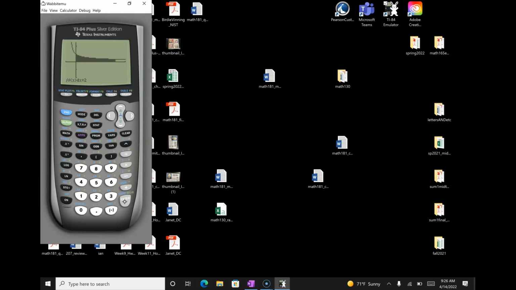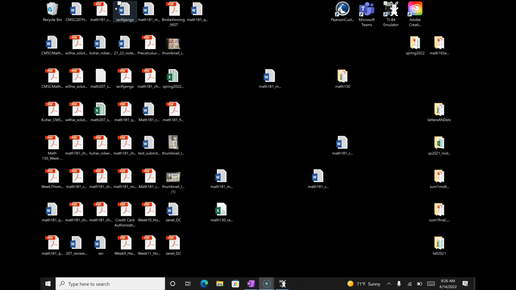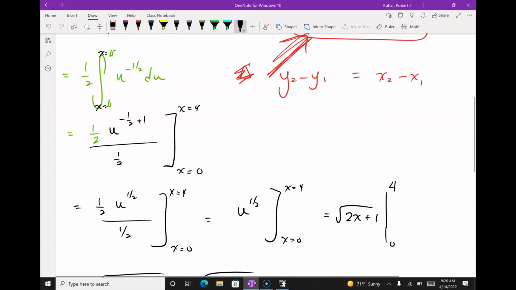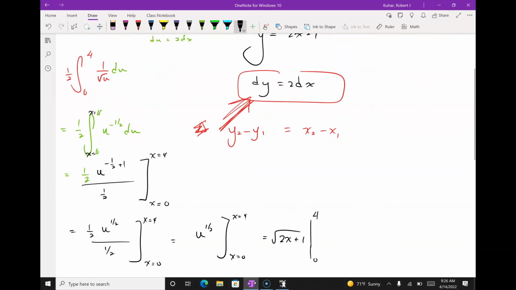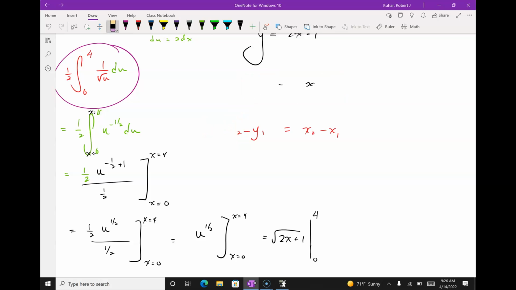Now, what I wanted to do was show you that I can change my variable completely. So notice when I was doing this integral, at this point, I had everything in terms of u except for my bounds, right? So what I want to do here is change the variable completely.